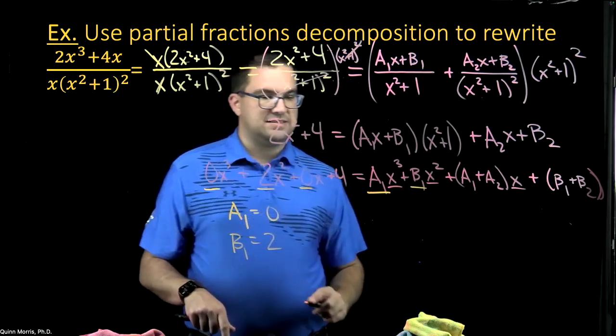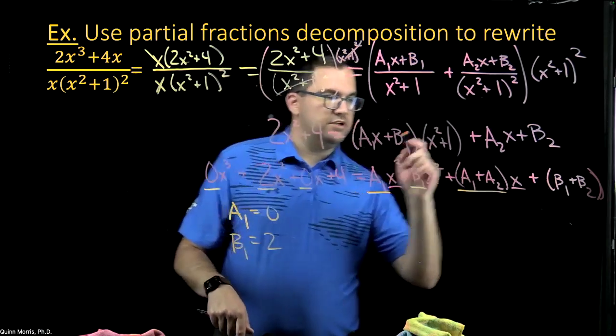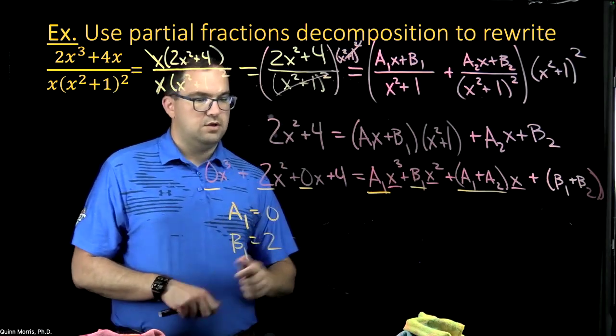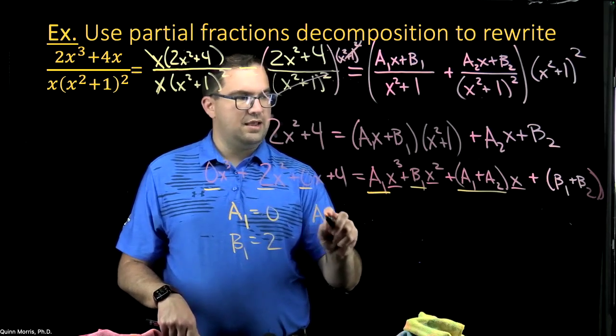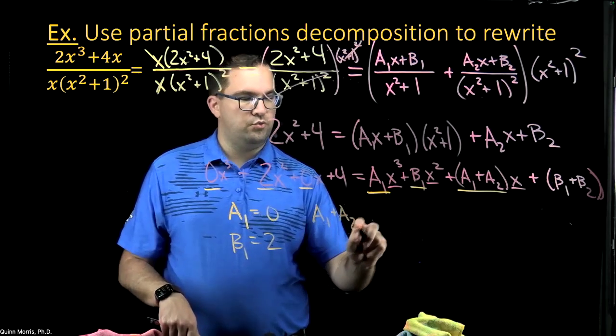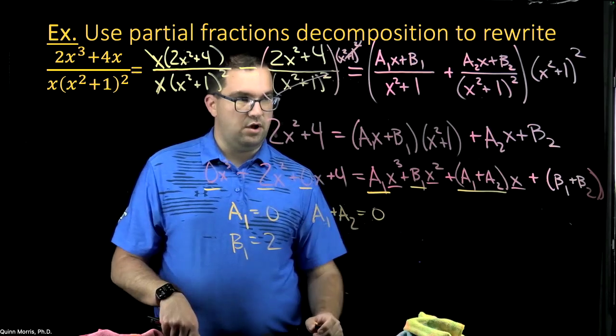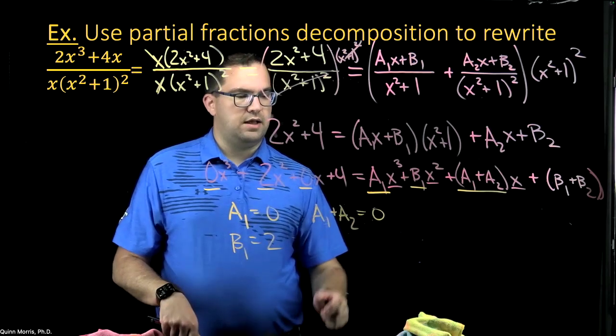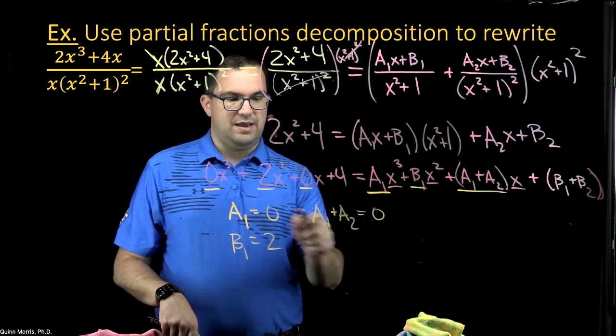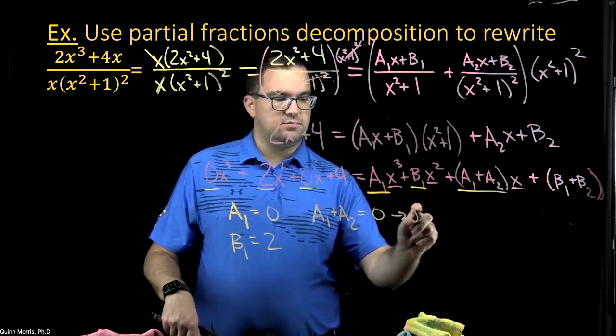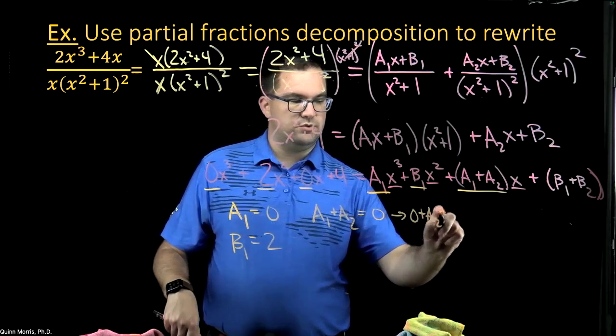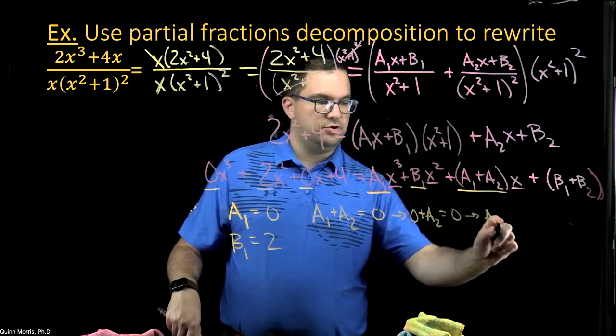My coefficient of x here ought to be equal to my coefficient of x here. So that tells me that a1 plus a2 ought to be equal to 0. But I know a1 is 0. That tells me that 0 plus a2 is equal to 0, which tells me that a2 is 0.